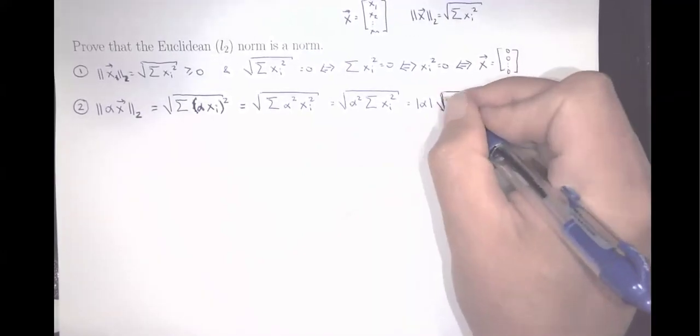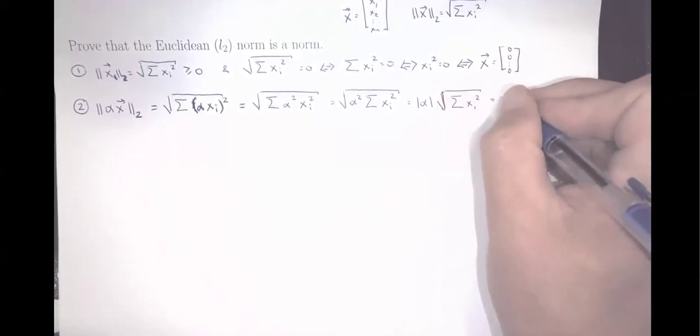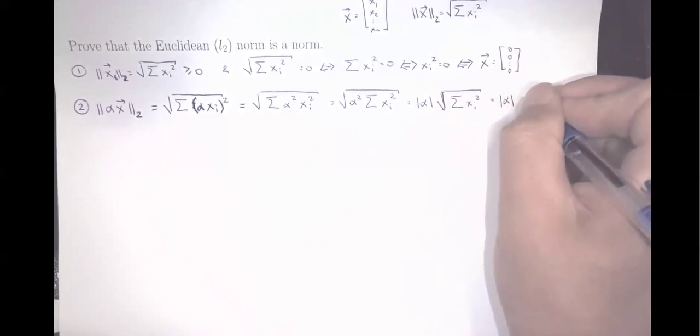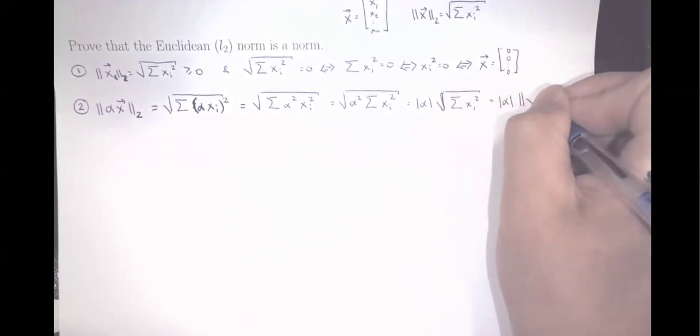And the root of the xi squareds is just the 2 norm of our vector x. So we have absolute homogeneity.